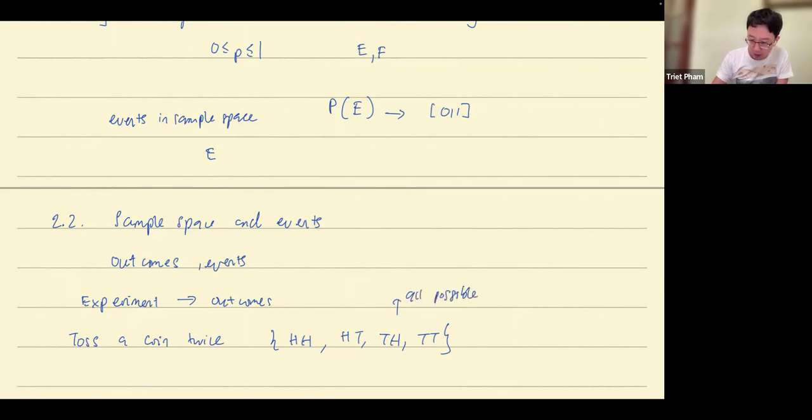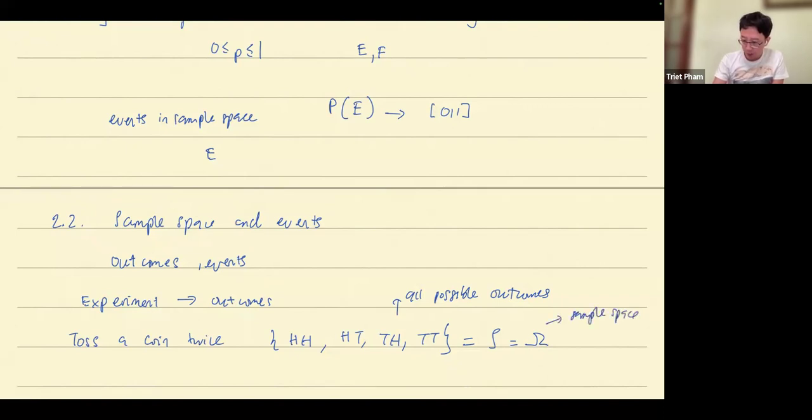Meaning there are no other outcomes besides these. And we denote that by S, or for some reason I like to use omega, it's up to you. S is the letter that the textbook uses. Omega is just what I picked up a long time ago, and some textbooks use that. Basically, the collection of all outcomes is the sample space.